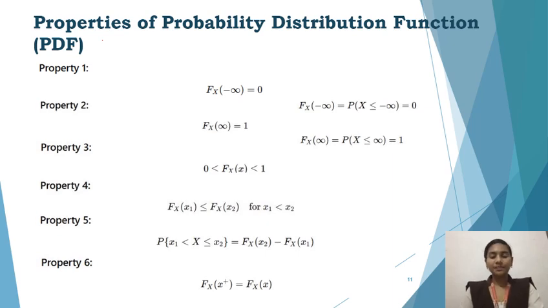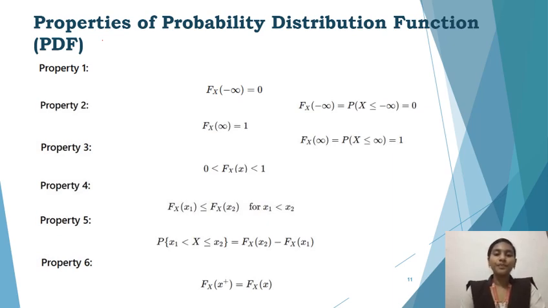Property 3. 0 is less than or equal to capital FX of x, which is less than or equal to 1. This expression states that any probability of the random variable lies between the values of 0 and 1. Since FX of x is a probability value, it must be in the range of probability values. So the value of the distribution function can never be negative and can never exceed the number 1.